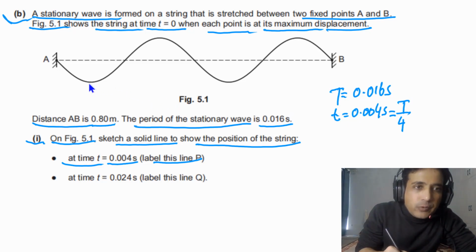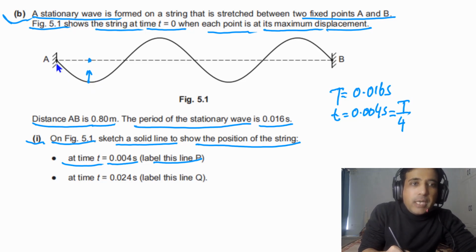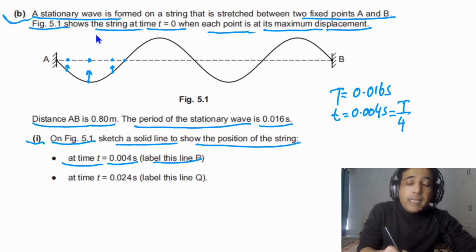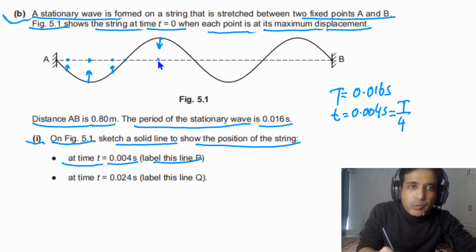If you look at this particle, for example, after T by 4, this particle will be here. So this particle will go up and this particle will reach this point. And all the particles between these two nodes will reach equilibrium. If I take one particle here, this will go up. After T by 4, this particle will be here. And if I take a particle here, after T by 4, this particle also will be here. And the same is true for this node and this node. So the particle at the top will come back to equilibrium after T by 4.